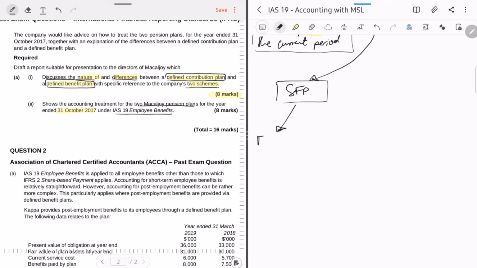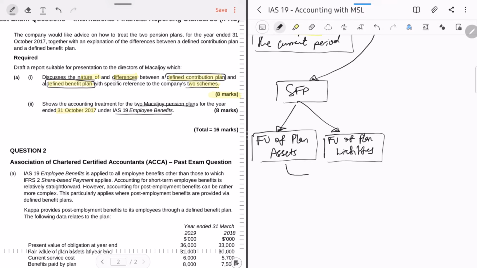So here you have what? The fair value of plan assets, that's a pension scheme assets. Then you also show the fair value of plan or scheme what? Liabilities. Then IAS 19 requires you to, you can net them off and have what?